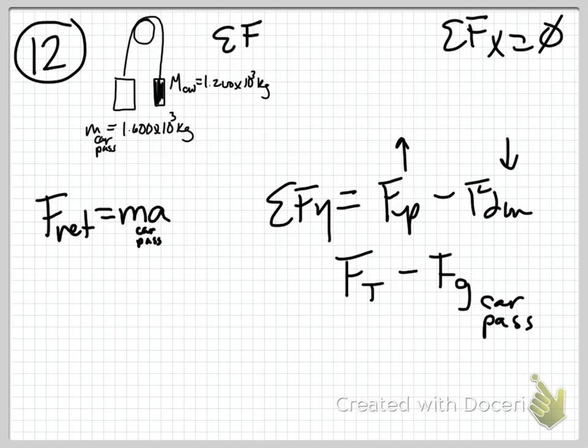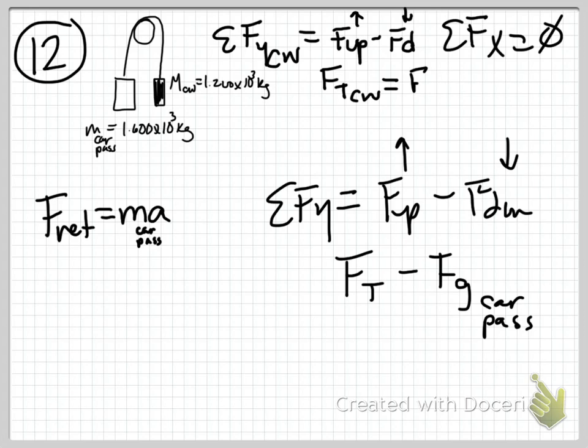So sum of forces on the y for the counterweight is equal to the force up on that minus force down. And in its case, oh yeah, hey, that's a great way to do it. So force up on the counterweight is force of tension on the counterweight, and that's going to be equal to the force of gravity on the counterweight.